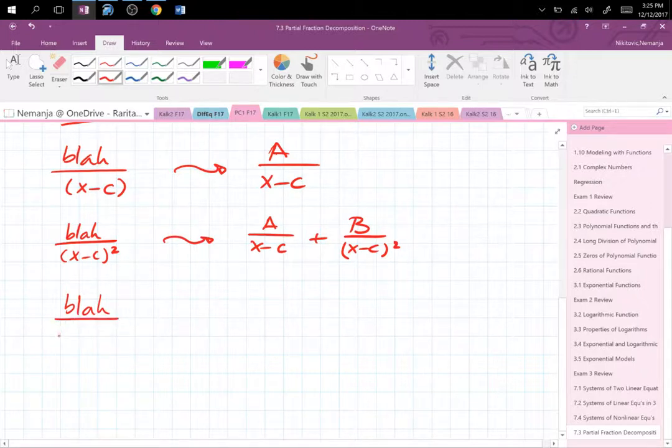Blah over ax squared plus bx plus c. So I have a quadratic now, and I cannot factor it. Obviously, if I could factor it, I would use the ones above. Now this is going to be Ax plus B divided by ax squared plus bx plus c.